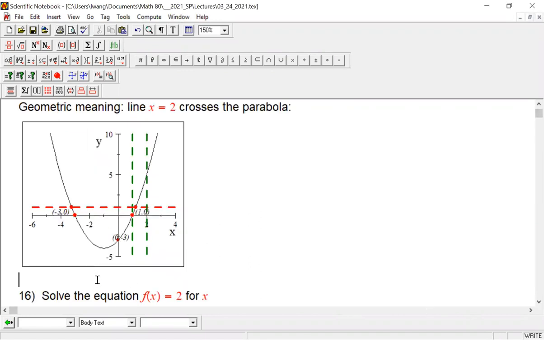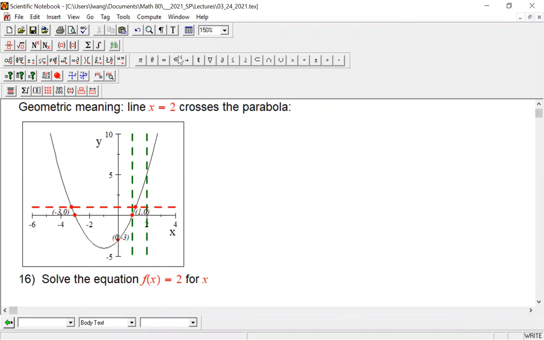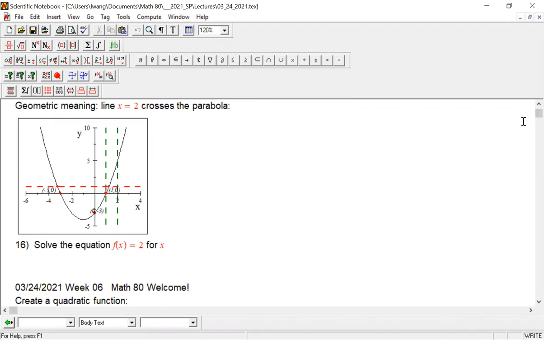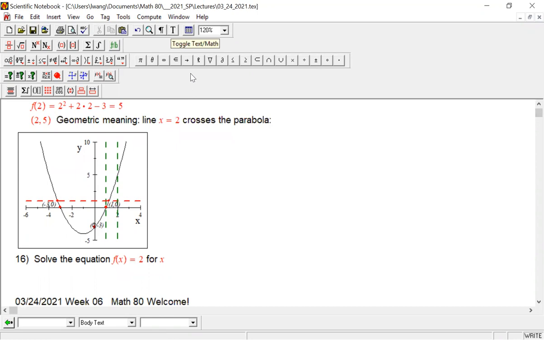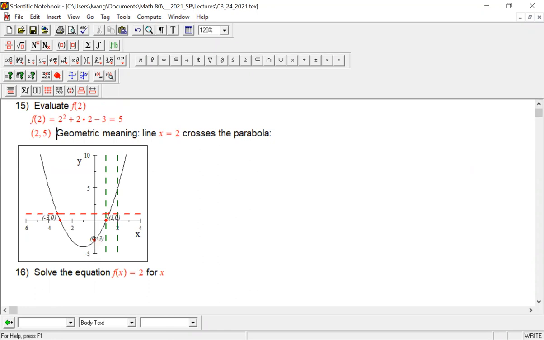Okay, next, number 16. Maybe I can make these a little smaller so we can do a comparison. I'm going to condense a little bit and let them show on the same screen. So number 16 is f of x equals 2.